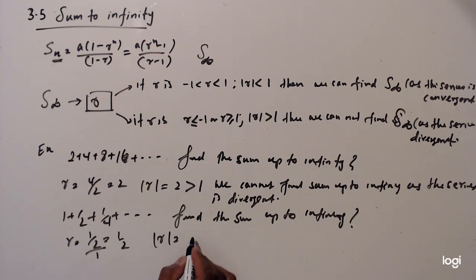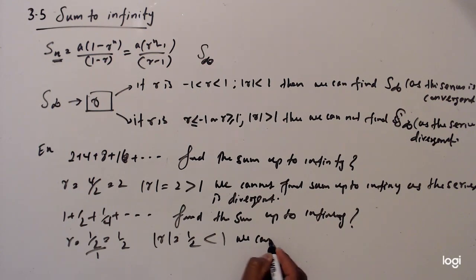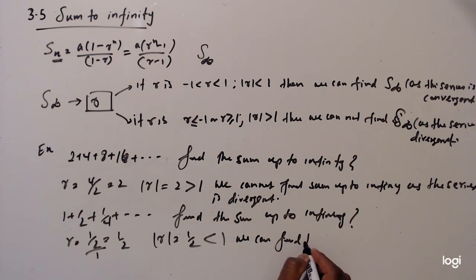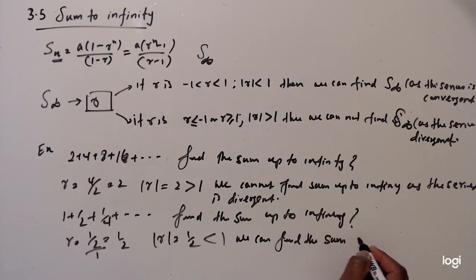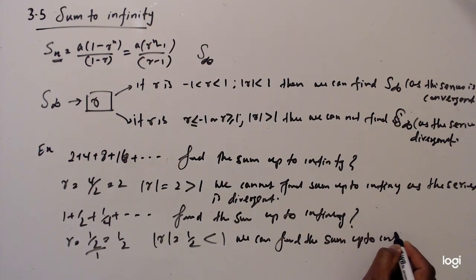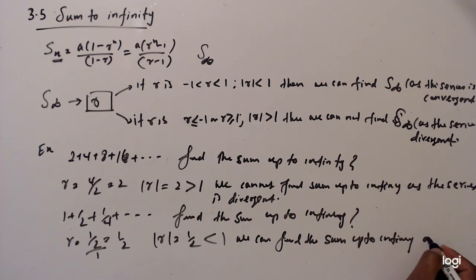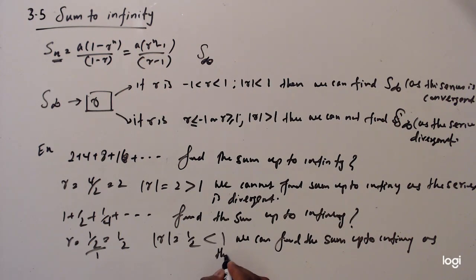So mod r is half, less than 1. Hence we can find the sum up to infinity as the series is convergent.